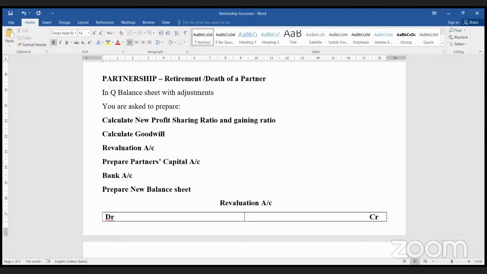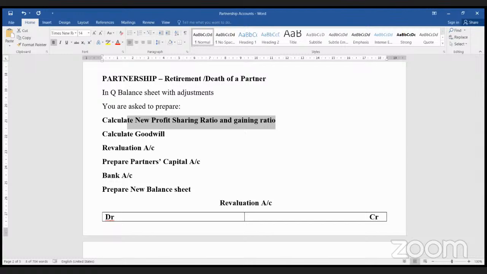In admission you calculate the sacrificing ratio. Here you will calculate the gaining ratio, because one partner is going. You have three apples with you, and one of your friends left without taking that.